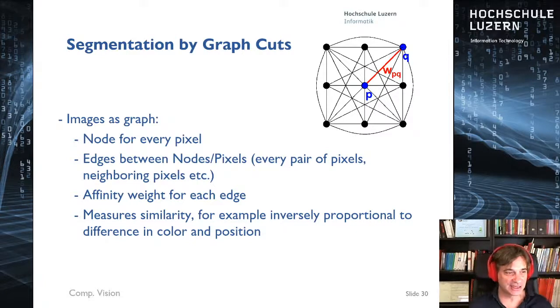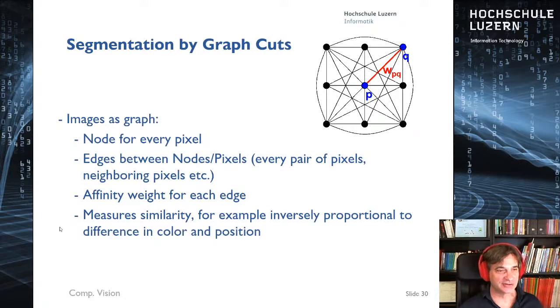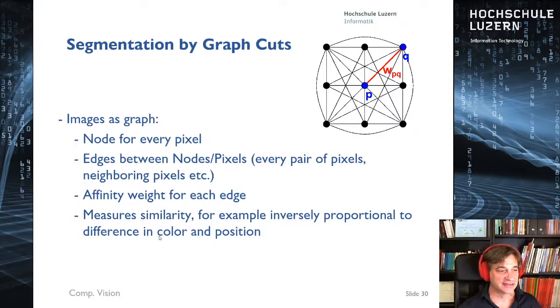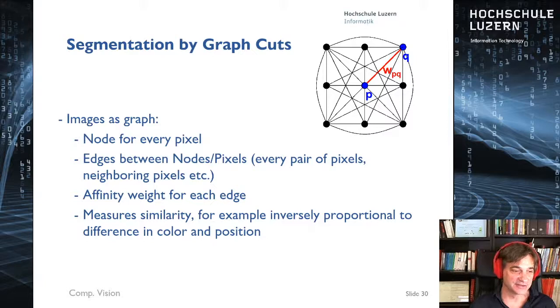If the weight is high, then those image pixels are more similar. And if the weight is small, then those pixels are less similar to each other. You could use different measures to calculate this similarity, for example the difference in color and position and so on.